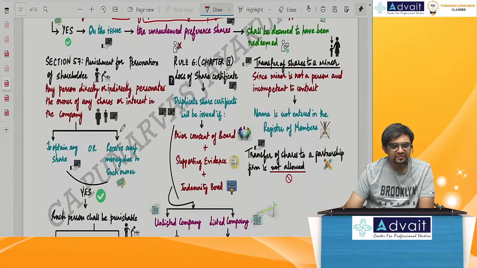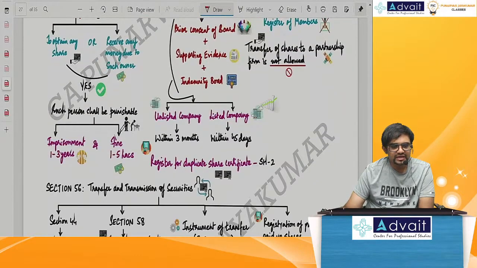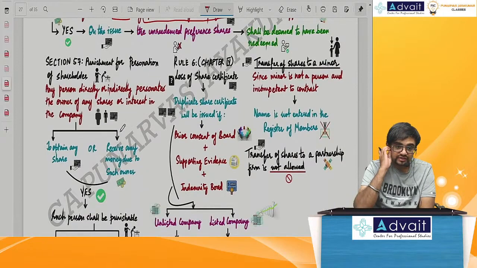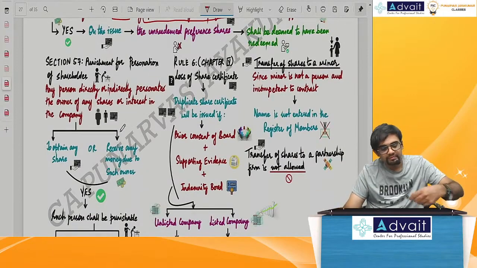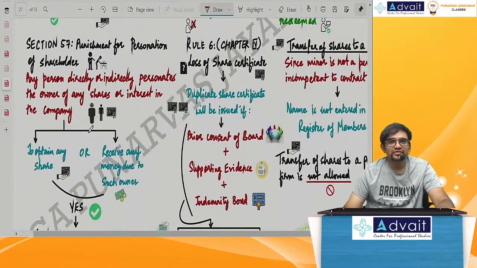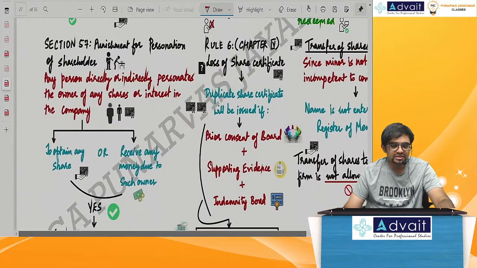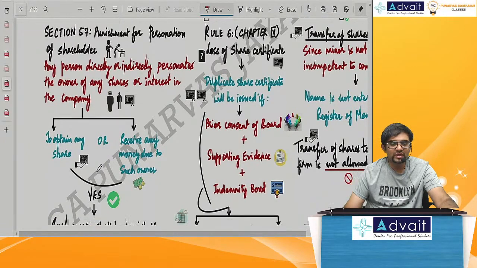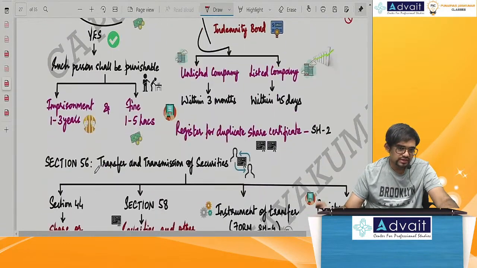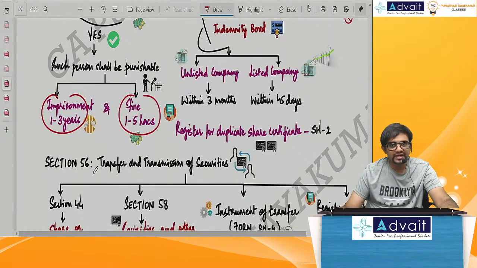Coming to section 57, it's similar to 447. Here, if you impersonate a shareholder and try to obtain shares, meaning though you are not a shareholder, you obtain fake documents, fake KYC, and go and tell that you are the shareholder, then you will be punishable with imprisonment of 1 to 3 years and a fine of 1 to 5 lakhs.